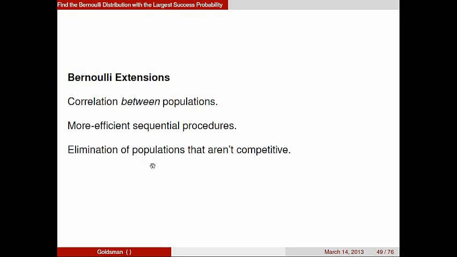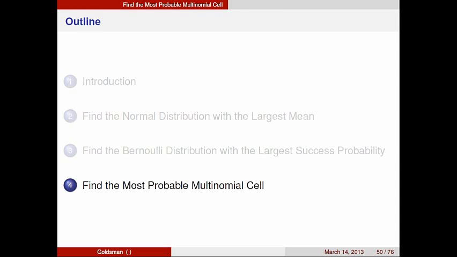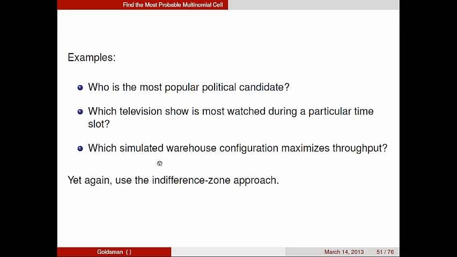So it looks like I'm going to spend about 8 to 10 minutes now on multinomial distributions because I think it's a cool distribution. These are things like, suppose you have a number of different categories, and you want to find the most popular of those categories. In particular, who's the most popular political candidate? Suppose 3 people are running for president. Which one has the highest probability of being selected by a particular person?